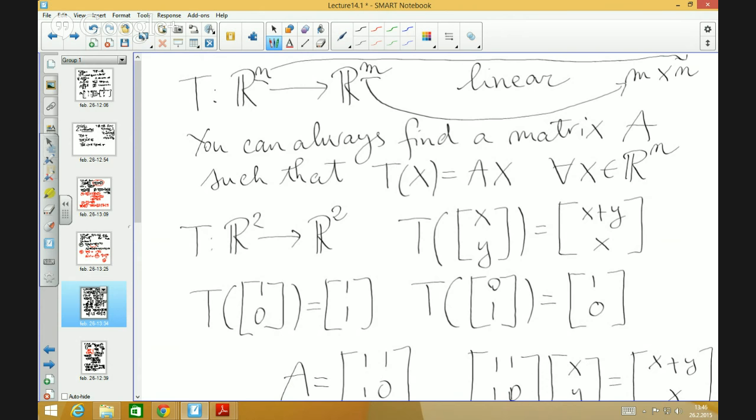The second will be T of (0, 1, 0, ..., 0), and so on. That's the matrix. Is it difficult? Sort of. Perhaps not. But that's how you do it.